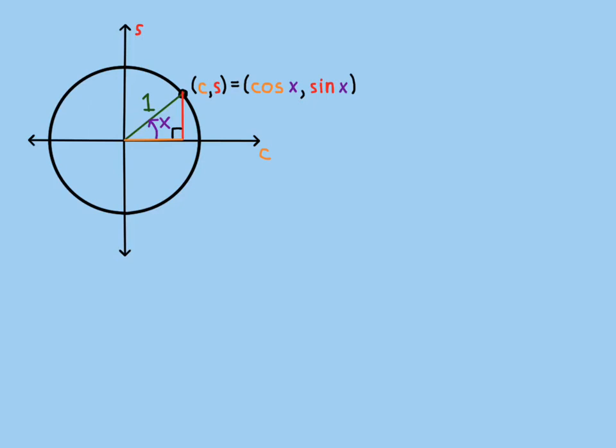How far over you are to the right from the S-axis is cosine x. So on your little triangle, the horizontal leg is cosine x and the vertical leg is sine x. Now, if you had a radius r circle, you'd have to scale everything up or down by r, so you would just multiply by r, so you'd get r cosine x comma r sine x for the coordinates of the point. That's how that works.